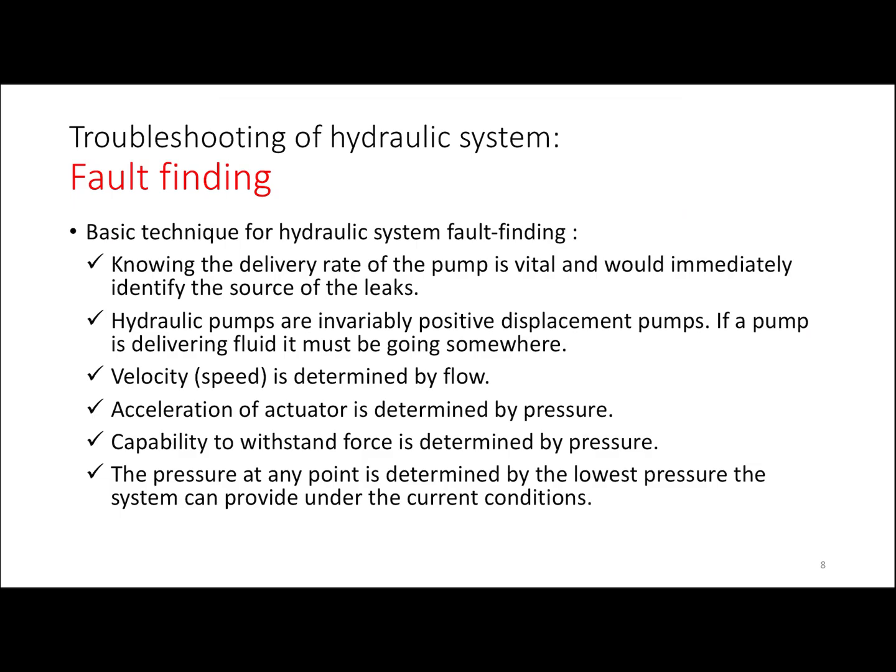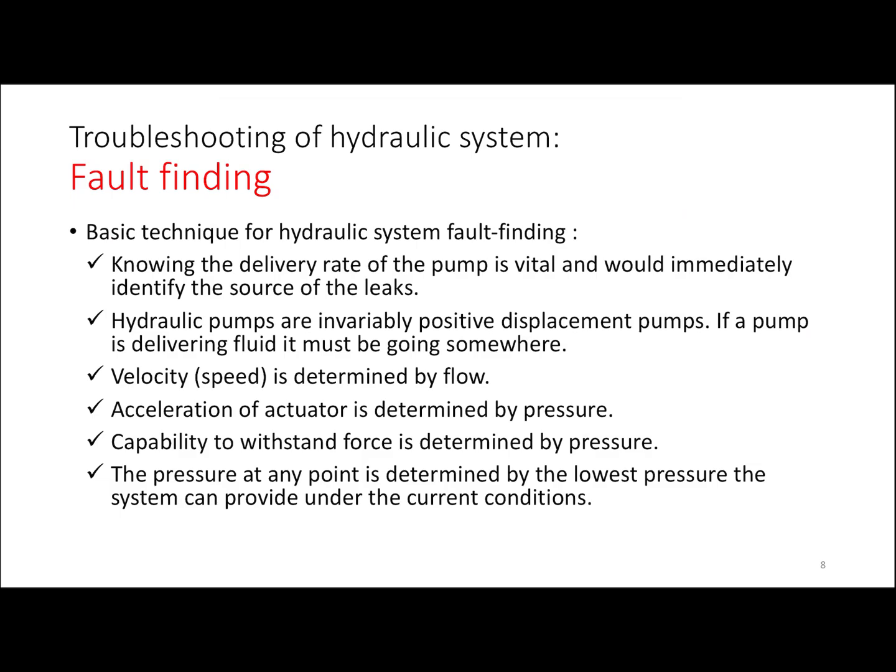It is known that the pressure at any point is determined by the lowest pressure the system can provide under current conditions, which we can compare with the pressure relief valve setting.